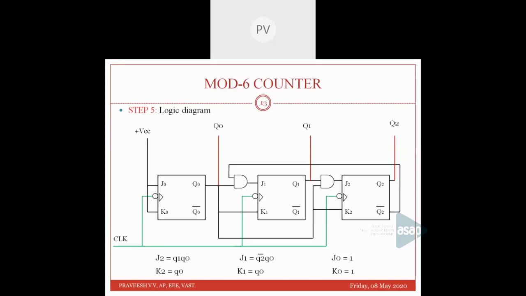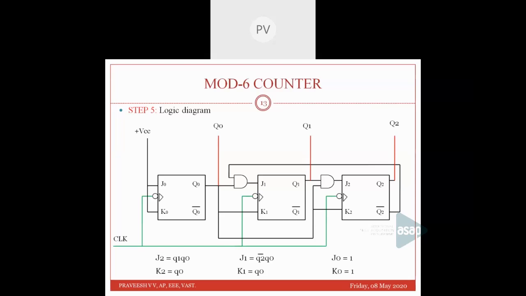But the expression will be a bit more complex because there you may obtain some plus, like for example Q2 complement Q0 plus Q1, etc. So you will have to use additional gates. Here I have used only 2 AND gates, but there you may have to use some OR gates or more number of AND gates. So that is the only difference. The design becomes easier, but the implementation or the realization part becomes a bit complex.